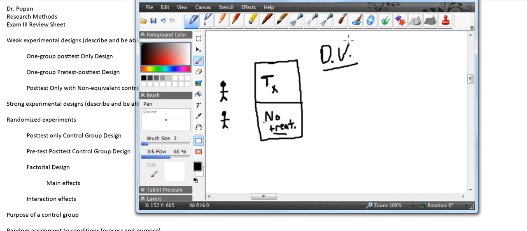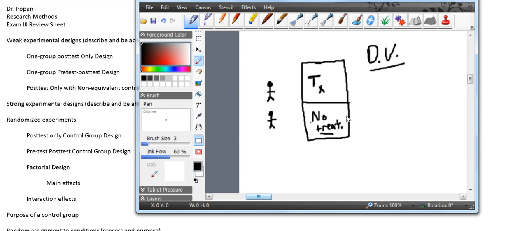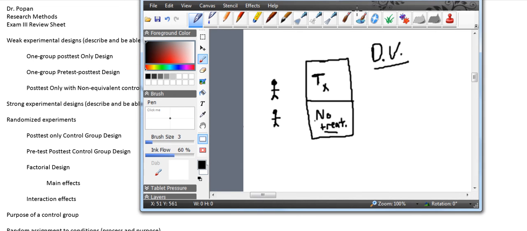So one design element you could add here, assuming you can't randomly assign people to conditions, is a pre-test post-test. So you could have a pre-test post-test with non-equivalent control group design, where you measure social anxiety at the pre-test and then again at the post-test.